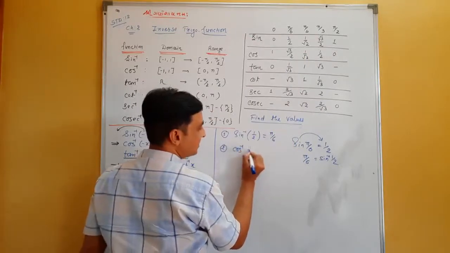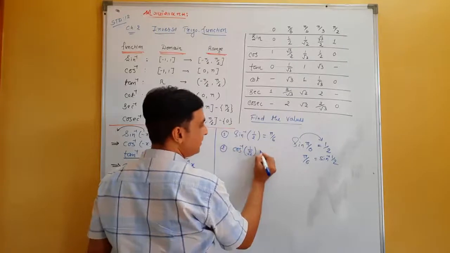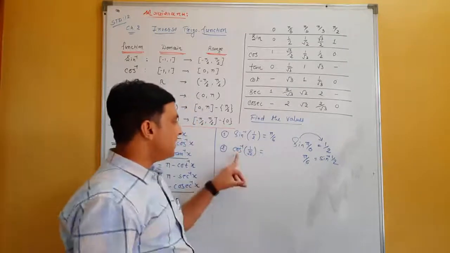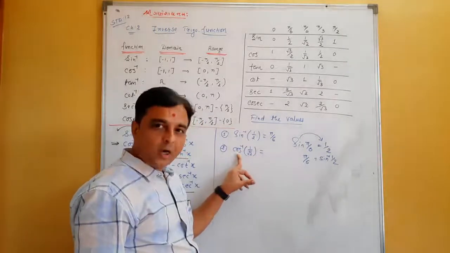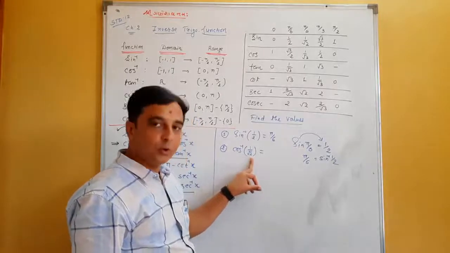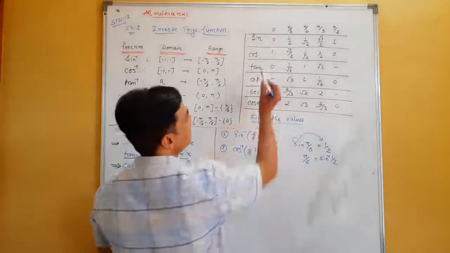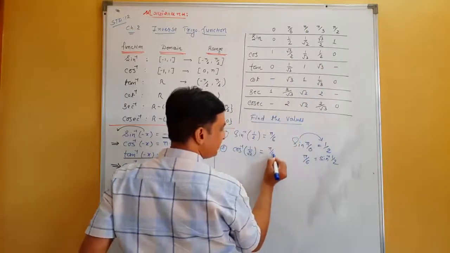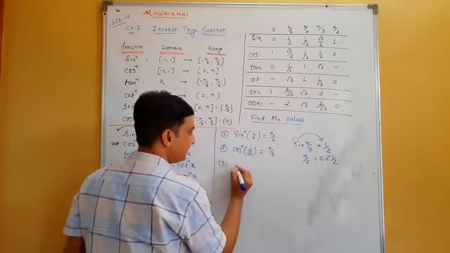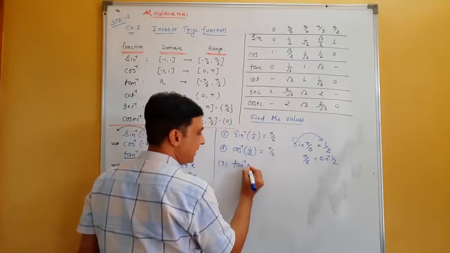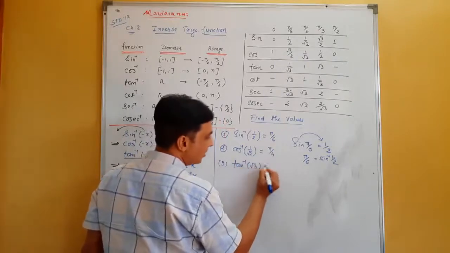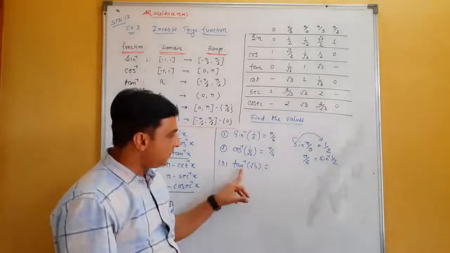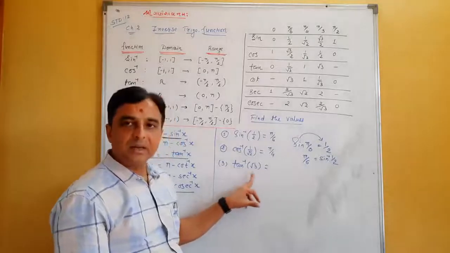Next, cos inverse 1 by root 2. For which value of theta will cos be 1 by root 2? Cos pi by 4 is 1 by root 2. Third one, for example, tan inverse root 3. For which value of theta will tan be root 3?